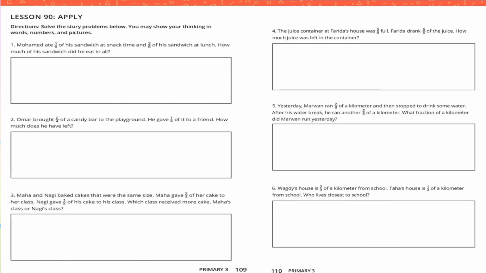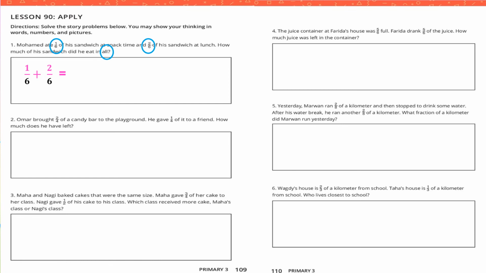The first circle on the first fraction, the second circle on the second fraction, and the last circle on the keyword. Okay, here, all. All, it means what? All means plus. So we want to make 1 over 6 plus 2 over 6.